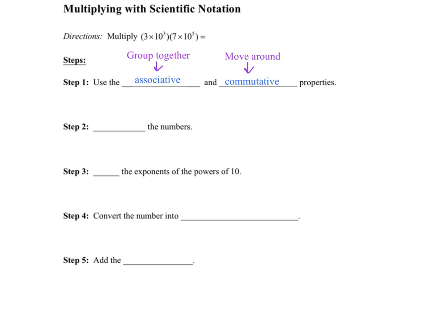So what exactly does that mean? Let's do the example. It says 3 times 10 to the third power times 7 times 10 to the fifth power. Your like terms here are your 3 and your 7.